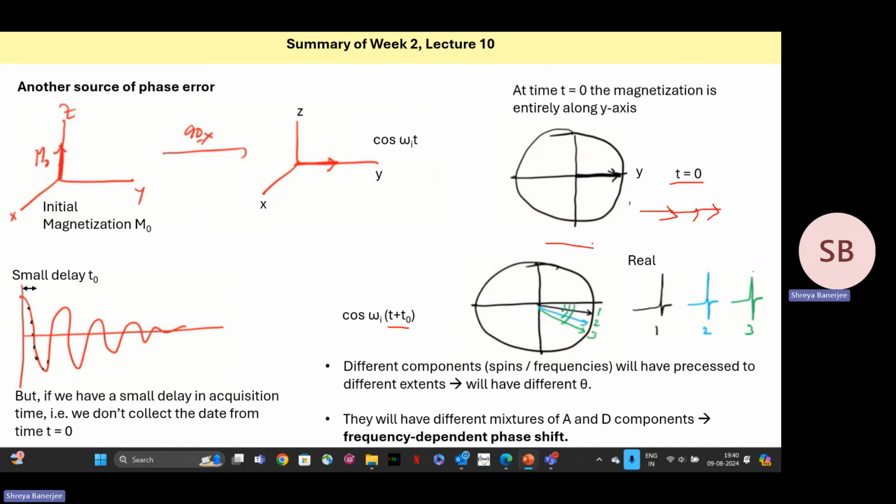So 1 is here, 2 is here, 3 is here. They are separating out. So this is called a frequency dependent phase shift, because depending on the frequency of the protons, they are separating out and having different phases. So you can see the angle with the y-axis that we are calling theta, or phase, is different. So this is another way in which phase error can happen.